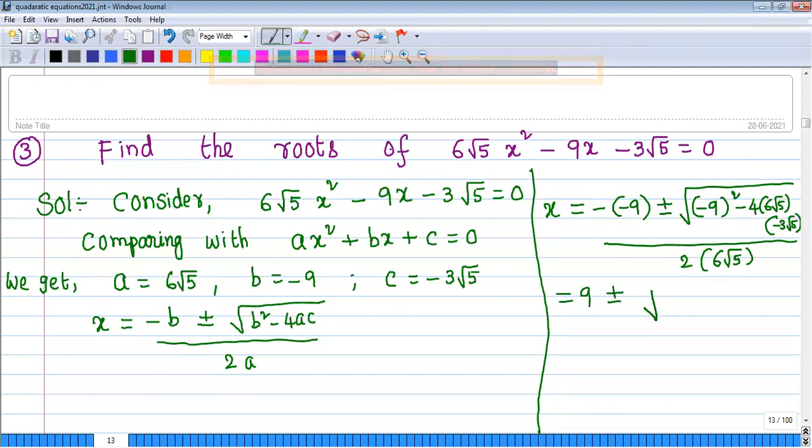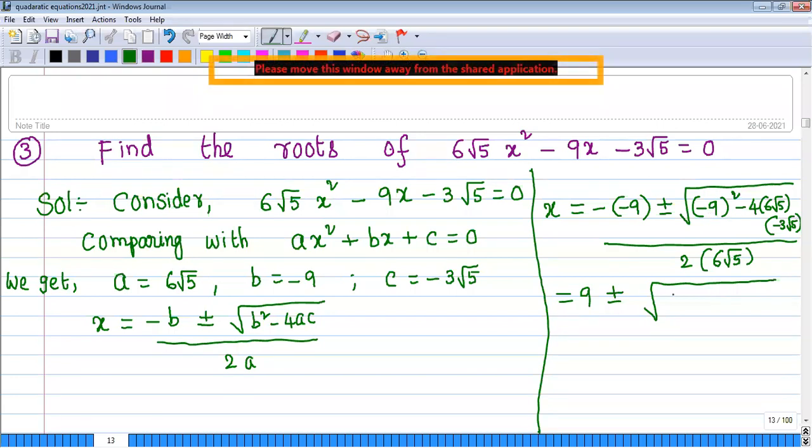My dear students, here while simplifying you should be very careful. Minus 9 square is 81, because minus into minus is plus, you get 81.